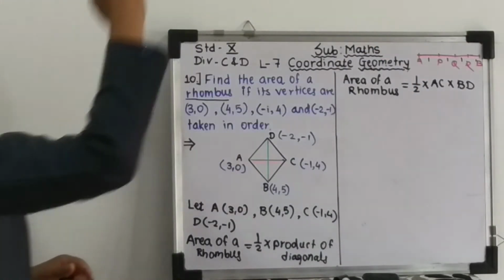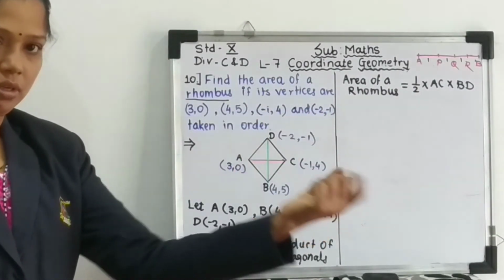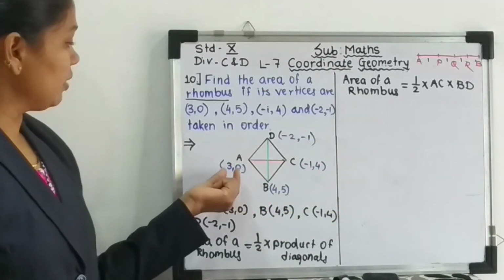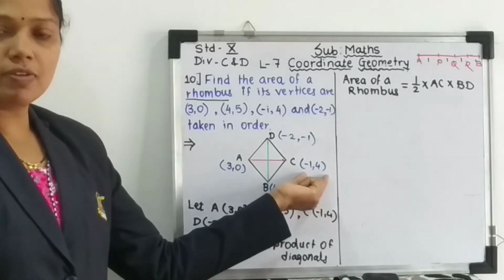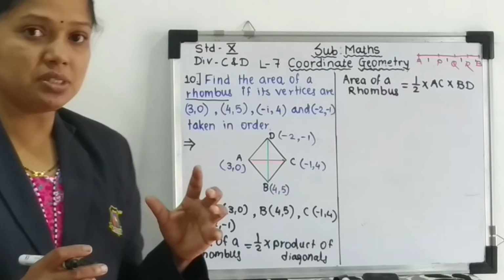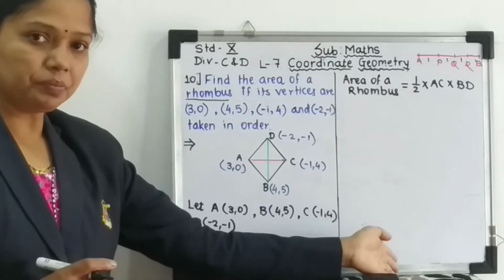Now tell me, do we know how much AC is, its length or distance? No, we don't know, but we know the coordinates. With the help of these coordinates, here we are making a big mistake. We are not understanding what to do further.